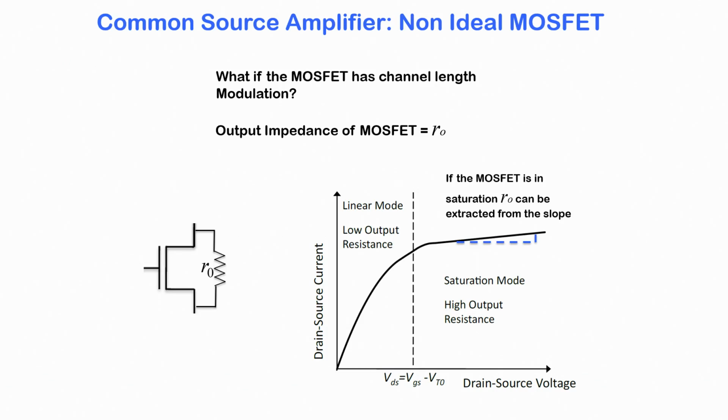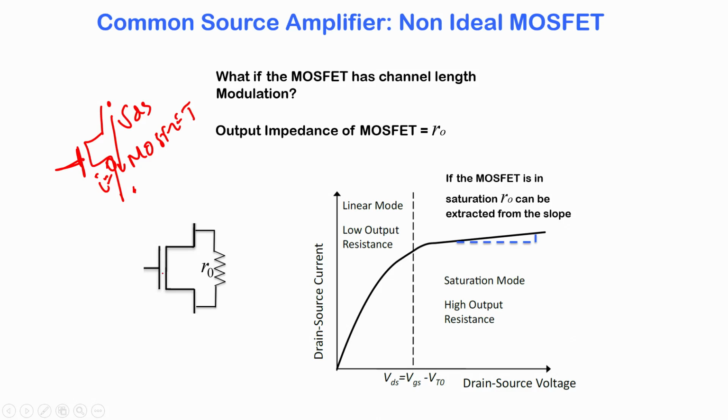So far we have been assuming that if the MOSFET is in pure saturation, and if it is an ideal MOSFET, then any fluctuation in the drain to source voltage does not create a current.